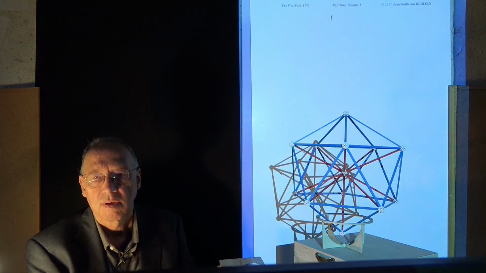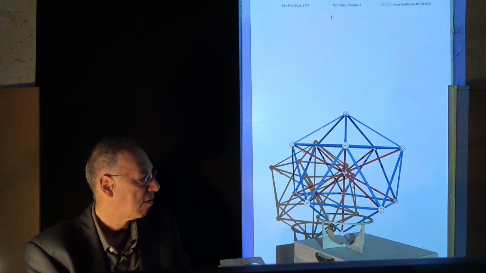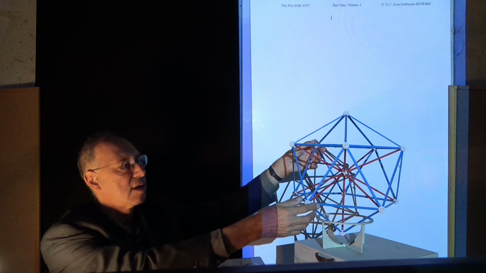If we want now to inquire into the possible fit of such a geometry with actual phenomenology of the Sun, we have to know which are the geometrical parameters of such an icosahedron.